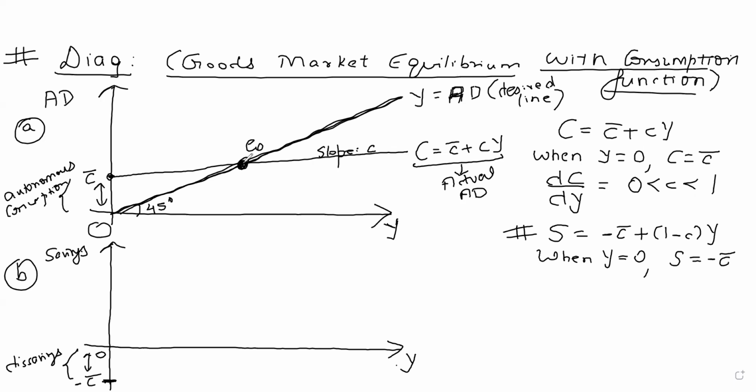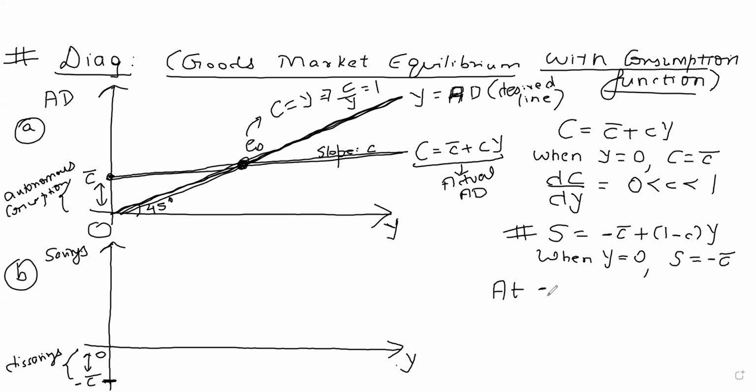At the point E0, this is the consumption line, this is the income line. At E0, consumption is equal to income, which implies consumption by income is 1. What was C by Y called? It was called APC.